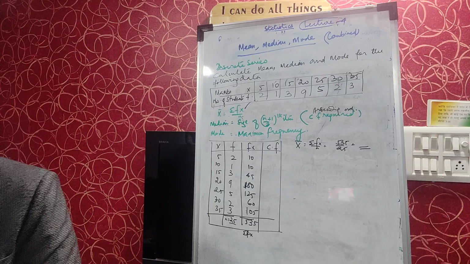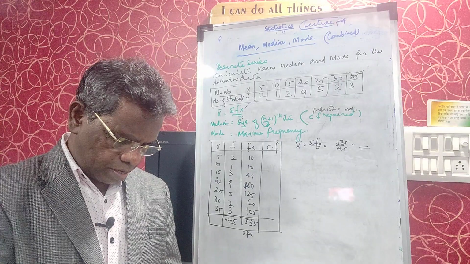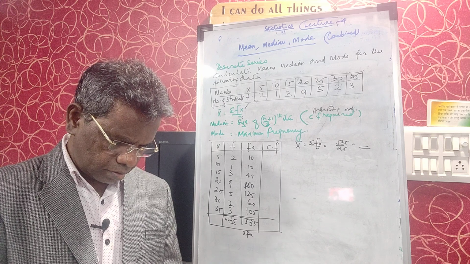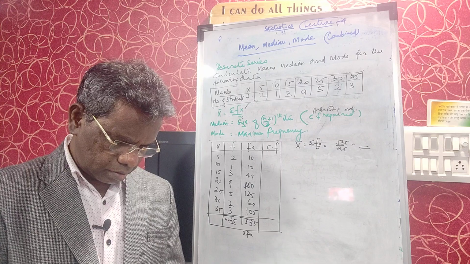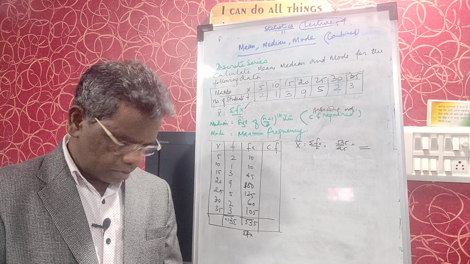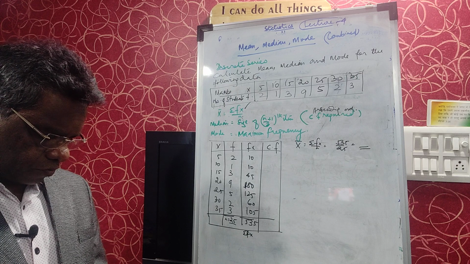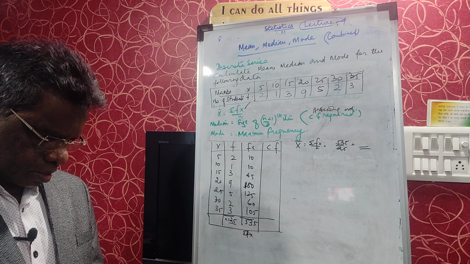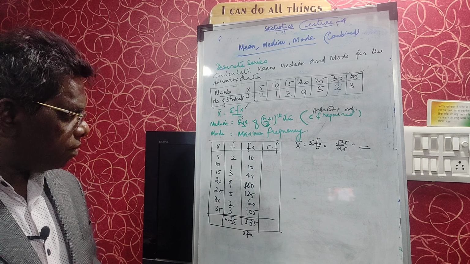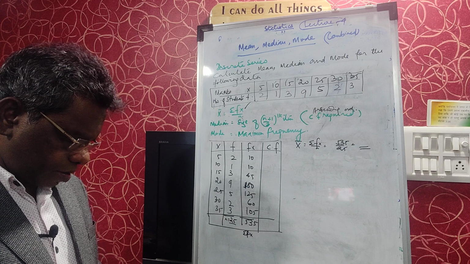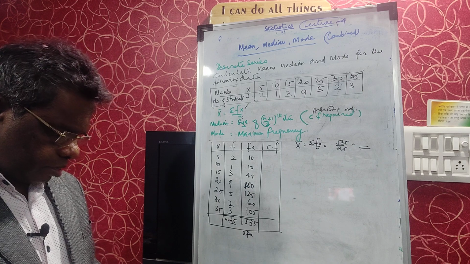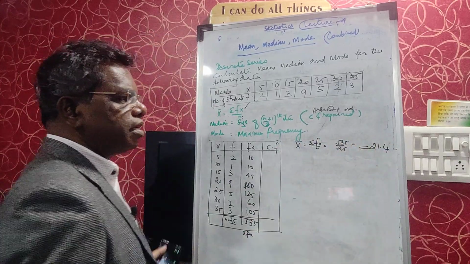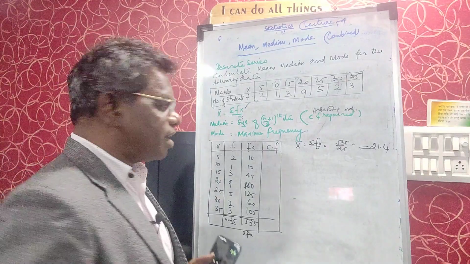Let me calculate it. 535 divided by 25 is equal to 21.4. Arithmetic mean is over.